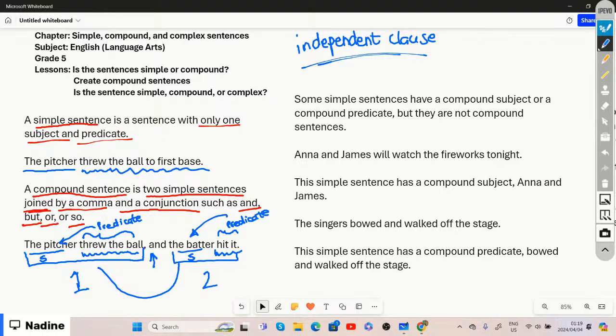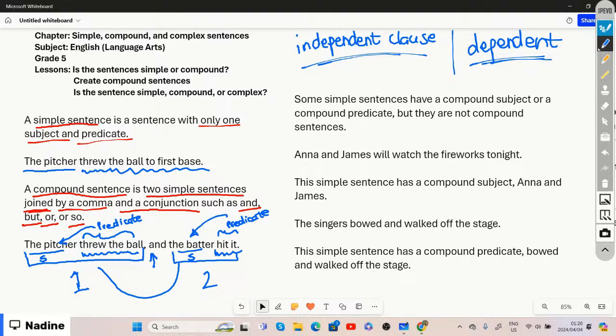Dependent is like, for example, you guys as kids, you still depend on your parents to see to your basic needs, meaning that you need your parents. So that is dependent. Independent can stand on its own. Dependent needs something or someone in order to help them.